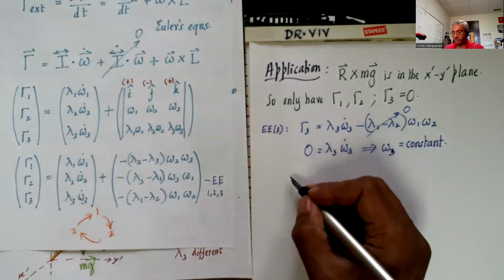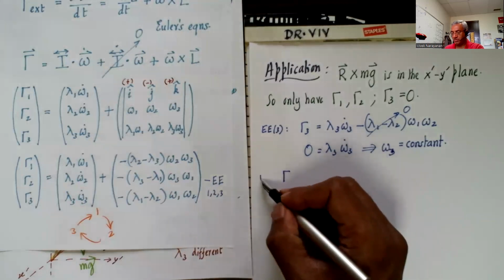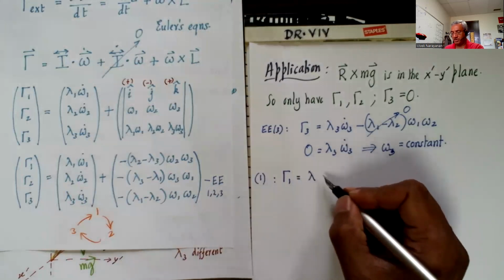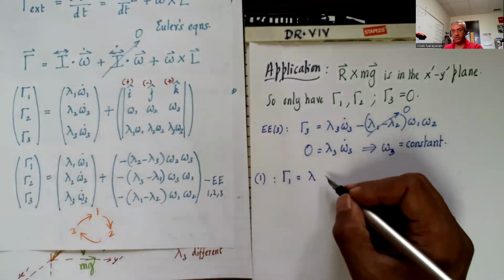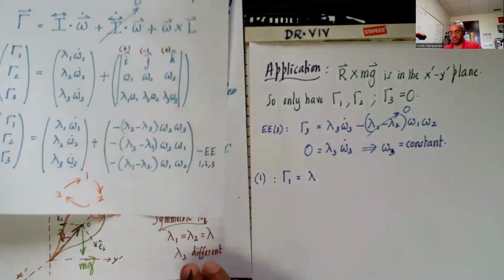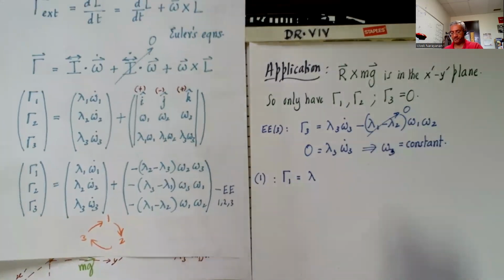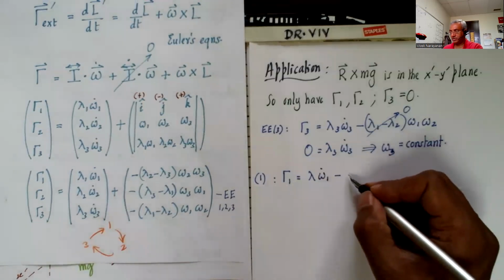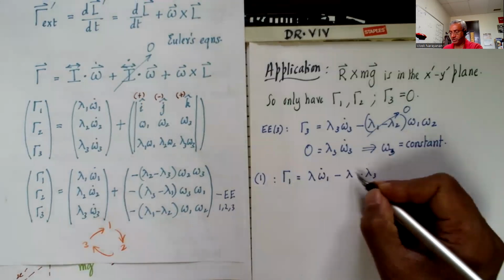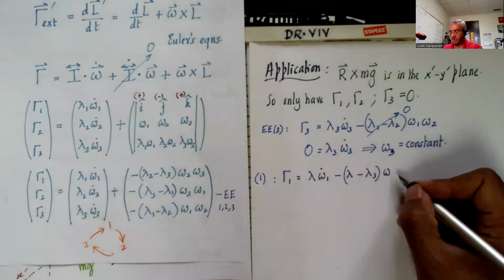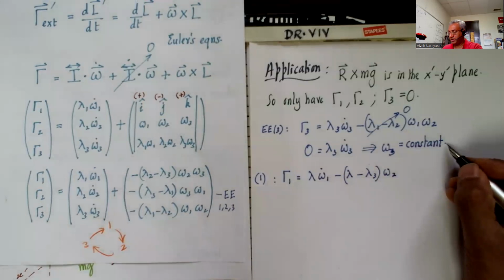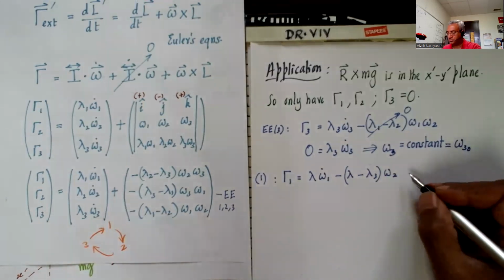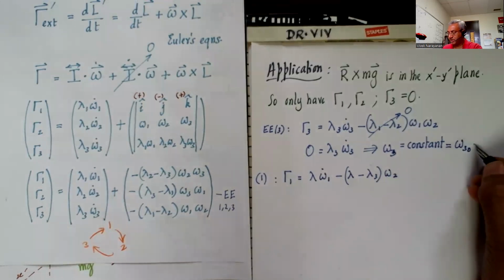The other two equations, I'll write Euler equation 1 now, is gamma 1 equals lambda, because lambda 1 and lambda 2 are both lambda. So that's just lambda times omega 1 dot minus lambda 3 minus lambda omega 2. And then because omega 3 is constant, I'll write omega 3 as omega naught.